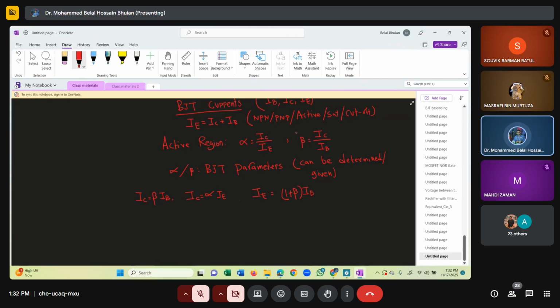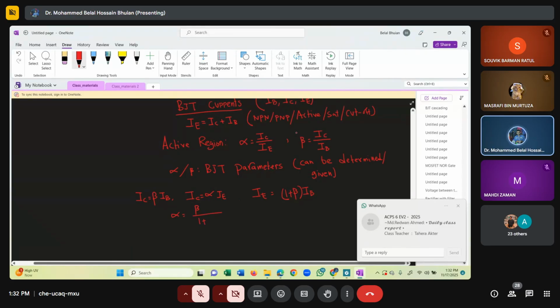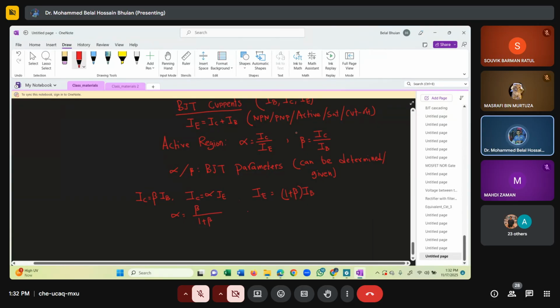Also, you can relate alpha and beta. Alpha is equal to beta over 1 plus beta, and beta is equal to alpha over 1 minus alpha.